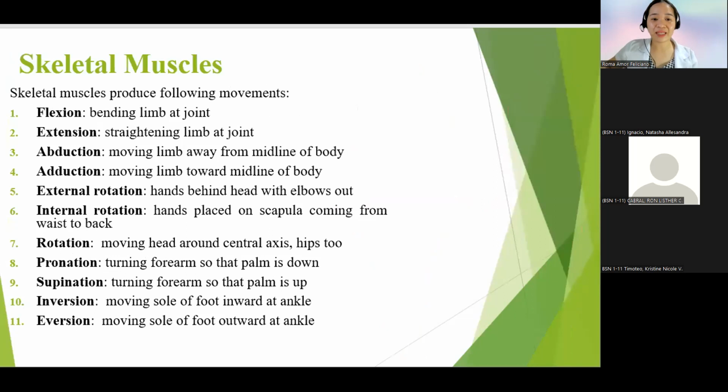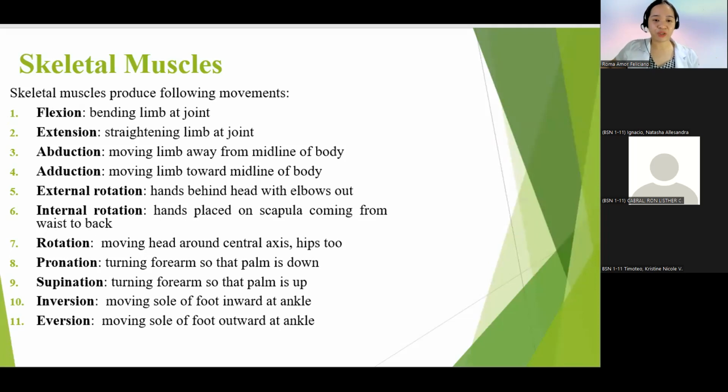Yan. The skeletal muscle. The skeletal muscle produces the following movements. After this one, meron tayong picture na titingnan. Flexion, extension. Para tayong magpipi'i dito kasi pag-aaralan natin yung mga movements. The flexion, the extension, the flexion, and then the extension.